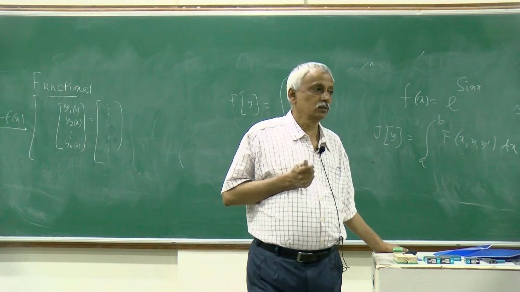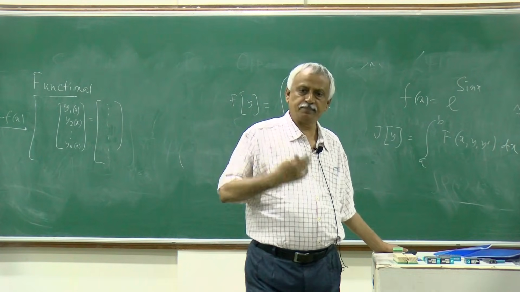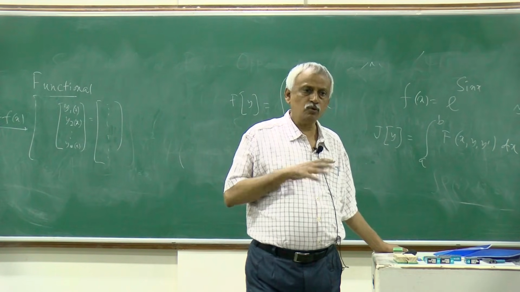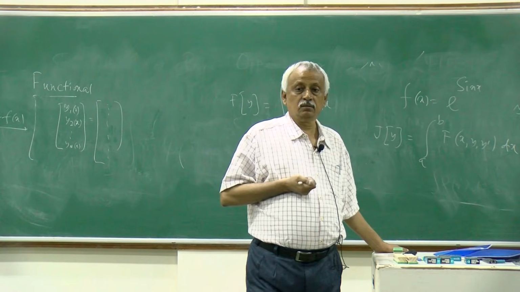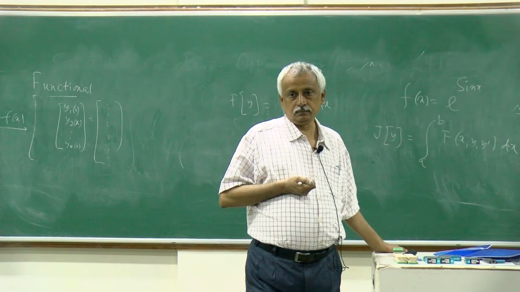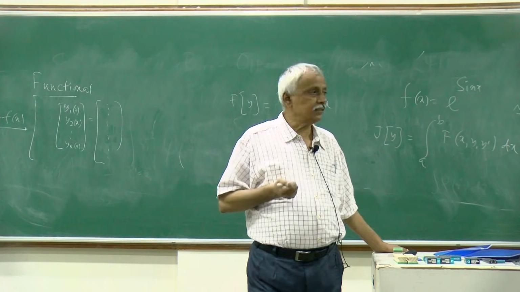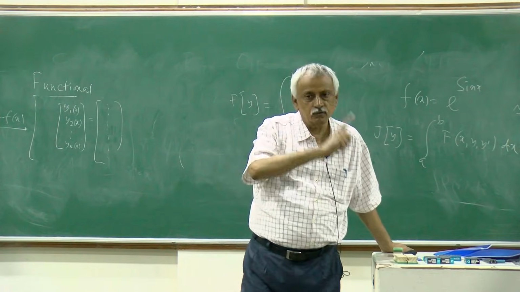Now, if it is so, we should have some roadmap. How to write those functionals is a different issue, but how to get that density. Obviously, whatever algebra I did so far, I don't want to do that to get the density.